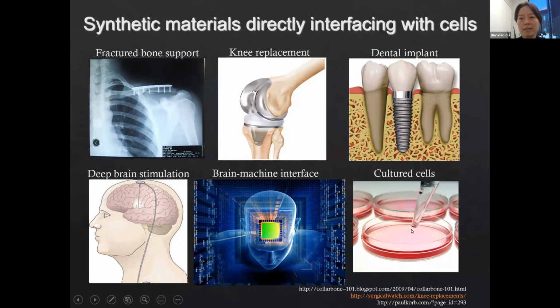Or as simple as, if you're a graduate or undergraduate student, you have probably done cell culture, growing mammalian cells on top of plastic. In all of those situations, we encounter an interface directly between biological cells and synthetic materials.